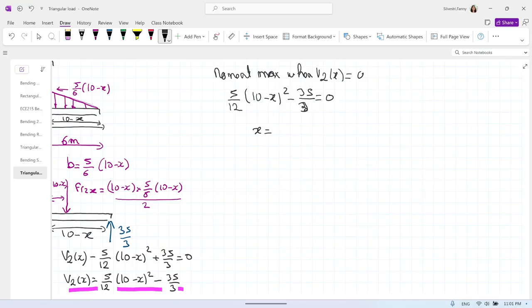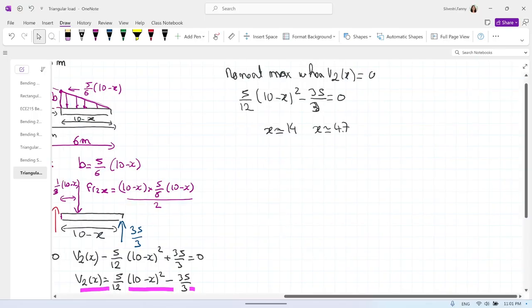There is an answer around 14, and there is an answer that is around 4.7. Which one is correct? 4.7, that cannot be 14. 14 is outside your beam.